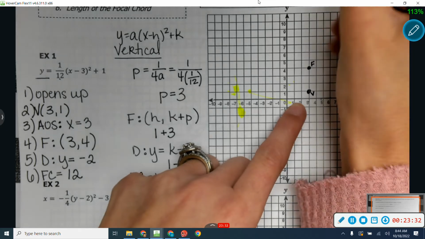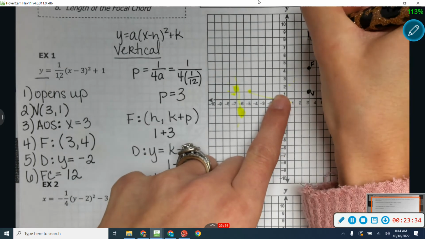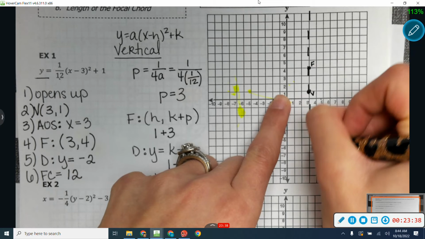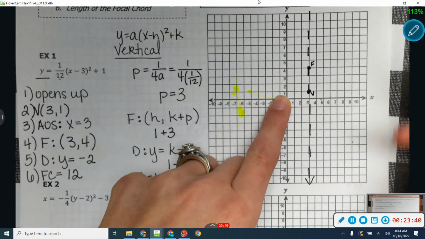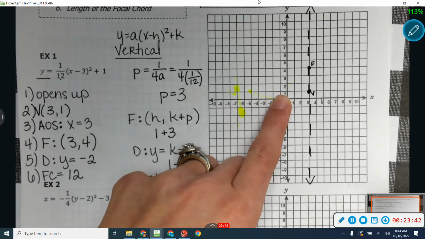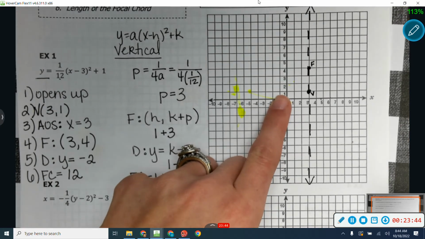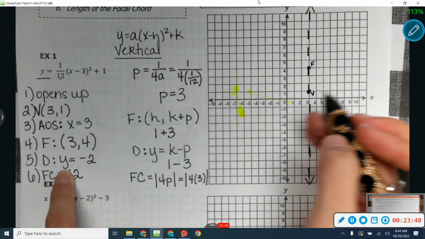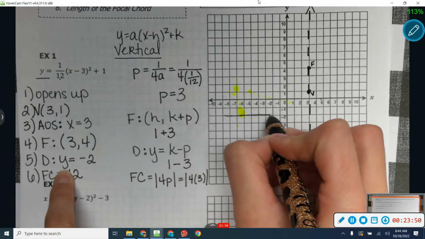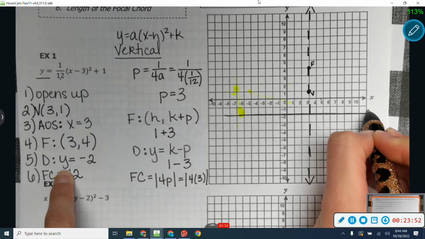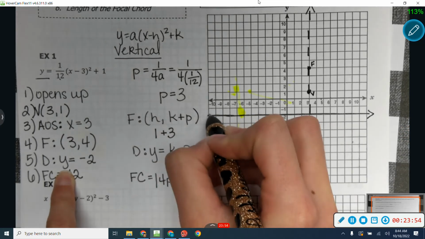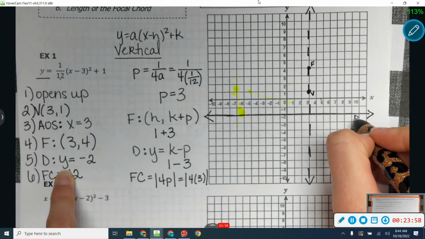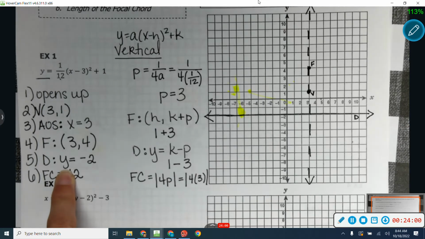Alright, I know my axis of symmetry cuts through my vertex. Okay. I know my directrix is y equals -2, which is a horizontal line passing through -2. Okay. I've got all of that.